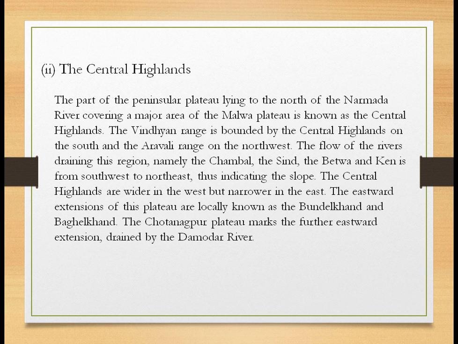Okay, please refer to it, and after that you write the correct answer. When we are talking about the Central Highlands, you have to talk about the location of that, where it is. Just like it is stated here, the Vindhyan range bounds the Central Highlands on the south, and the Aravali range on the northwest. Like that you have to write the answer.